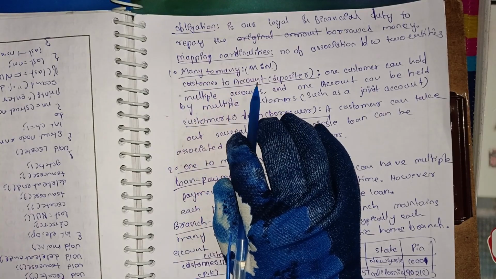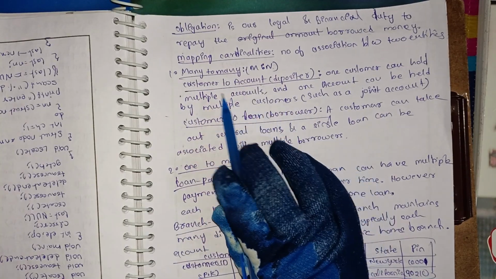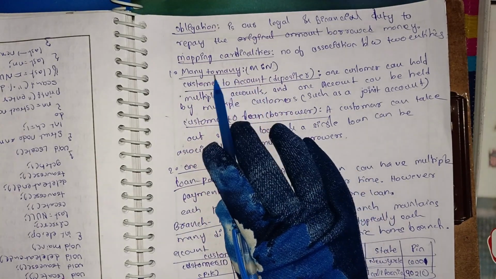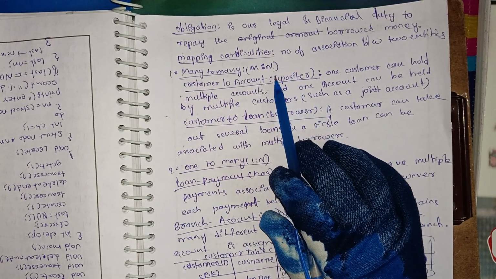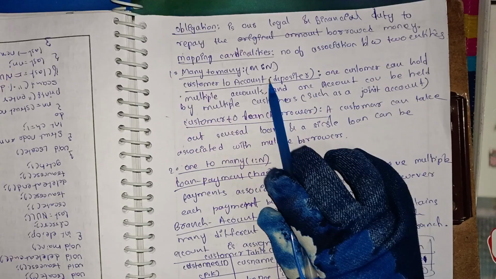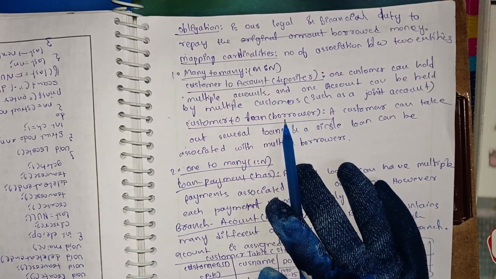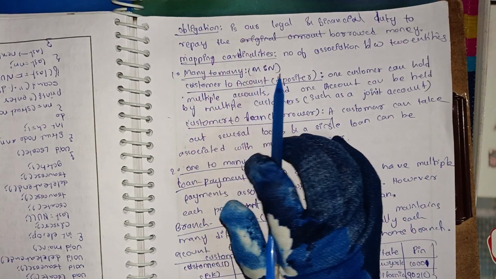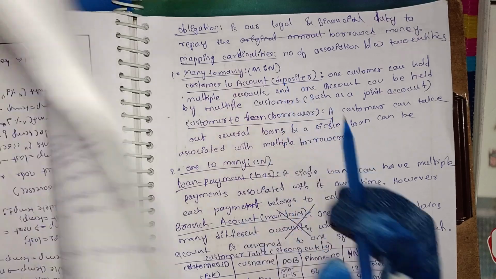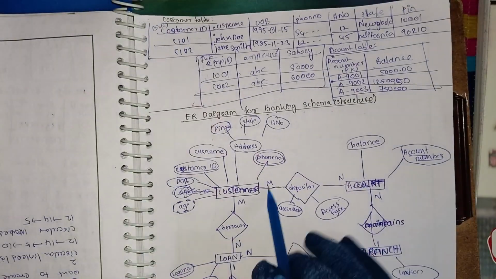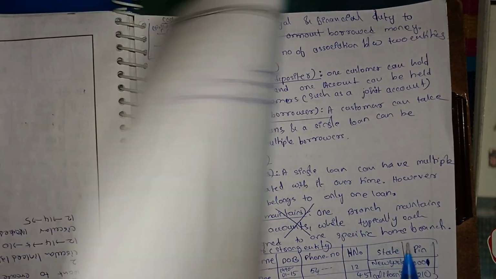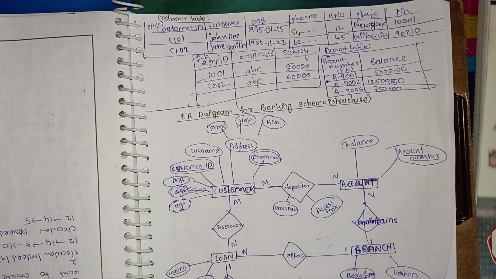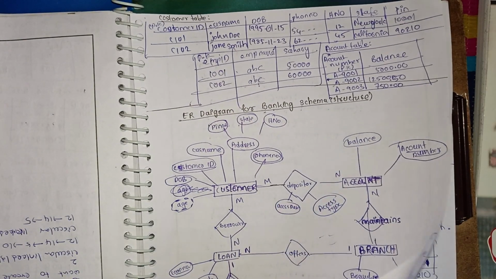Customer to account, which is related as a depositor. So it is a many to many relationship, which is represented in the diagram by M N. Customer to account, a many to many relationship is there.